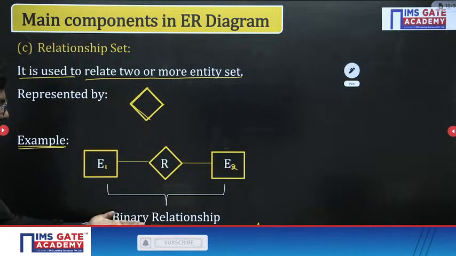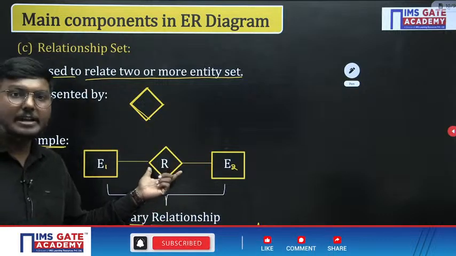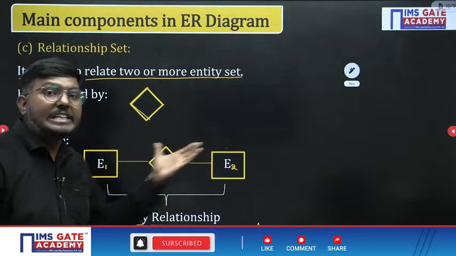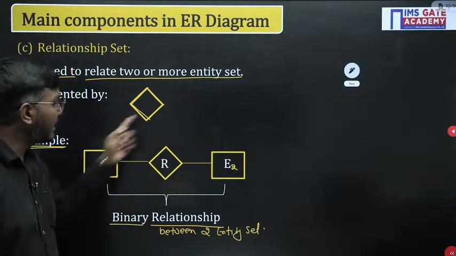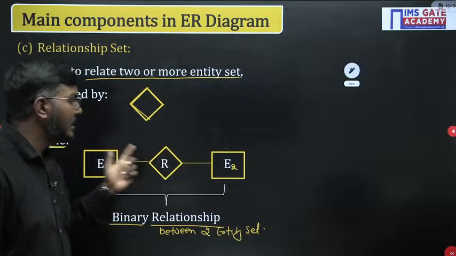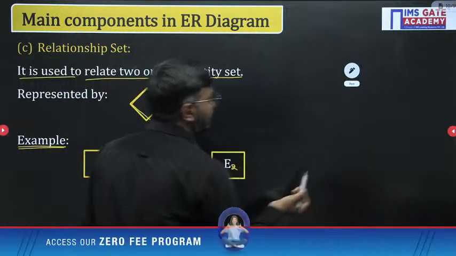Understood? It can be ternary also. If the relationship is defined between three entity sets, then it will be called a ternary relationship set. If there are 4 entities, we can say a 4-ary relationship set. If the entities are n, then we can say this is an n-ary relationship set.